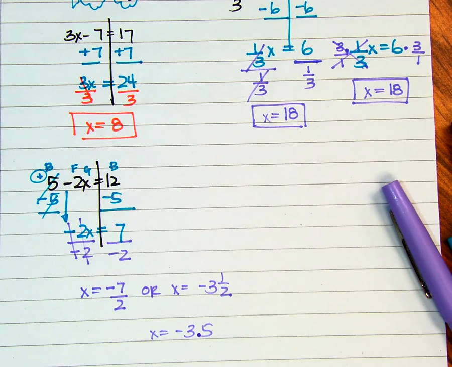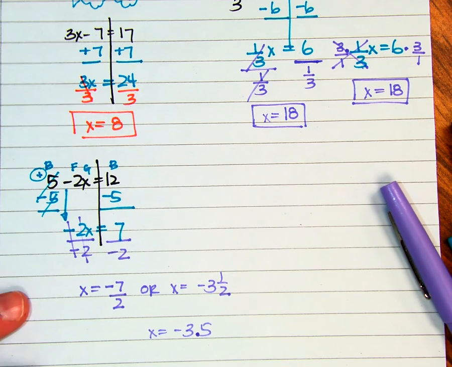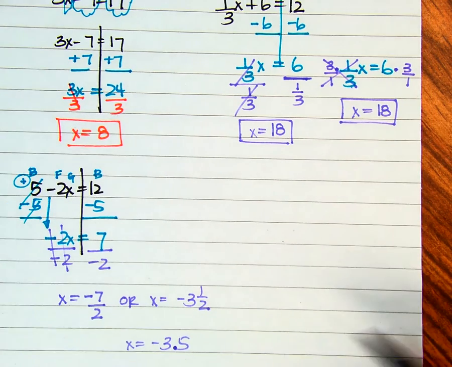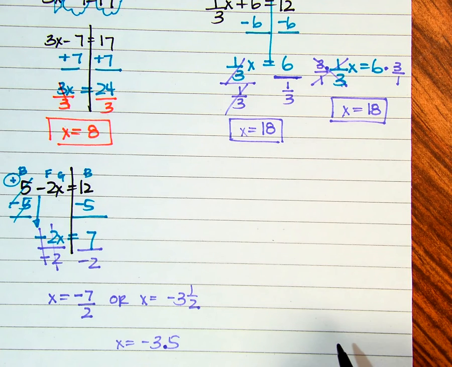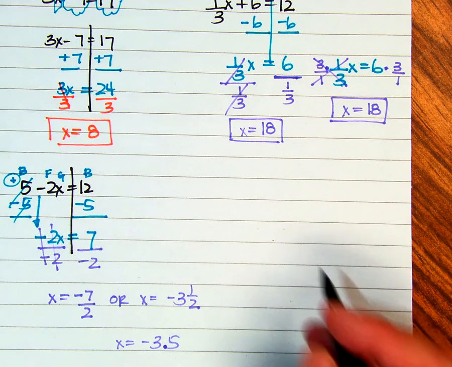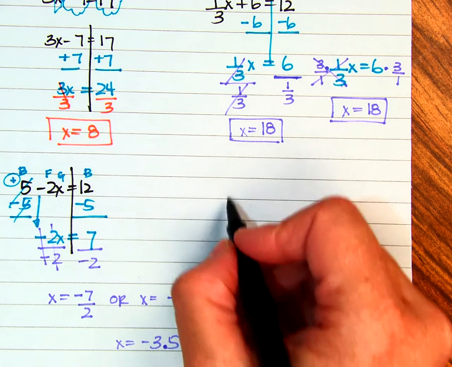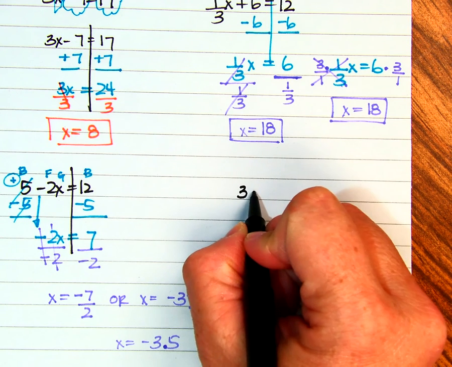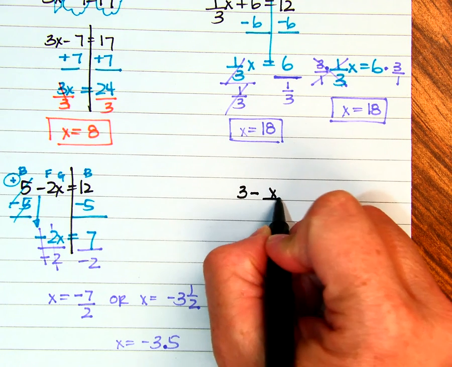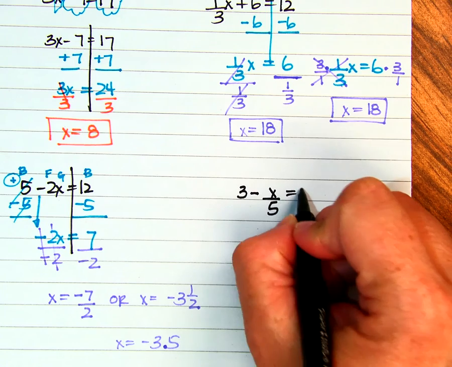Actually, I think I'm going to do one more of those. Let's do 3 minus x over 5 equals 4.